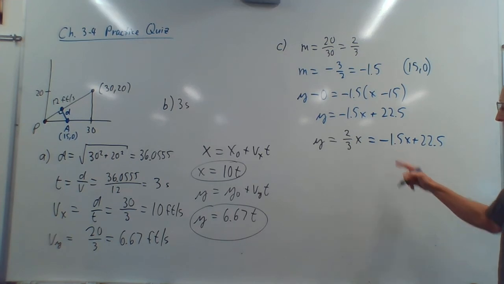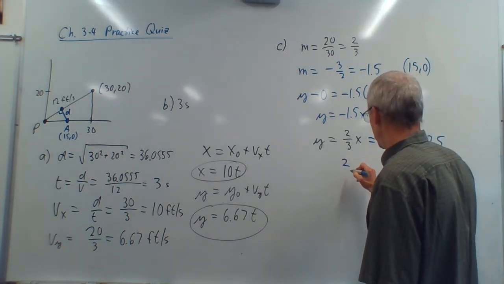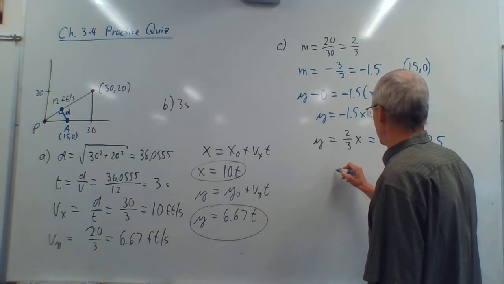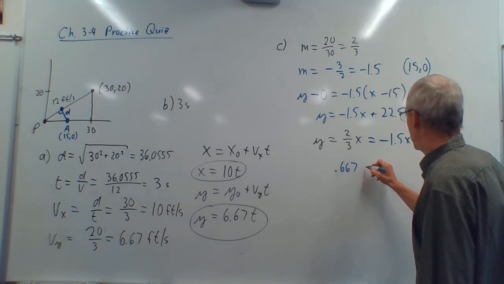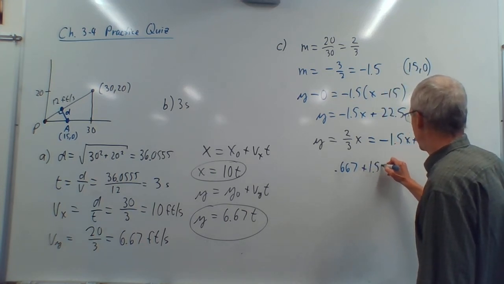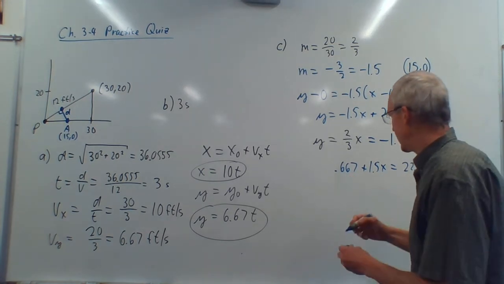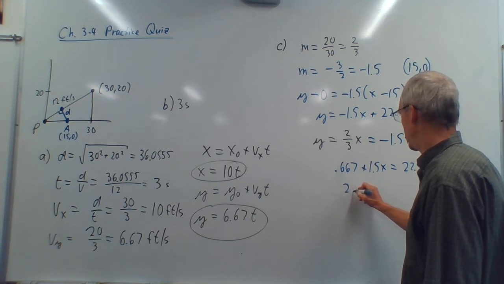We have a 2/3 mixing with the negative 1.5, that's just ugly. Oh well. So we have 2/3 x, let's change that to decimals, 0.667, let's say, plus 1.5x is equal to 22.5. Add that together.